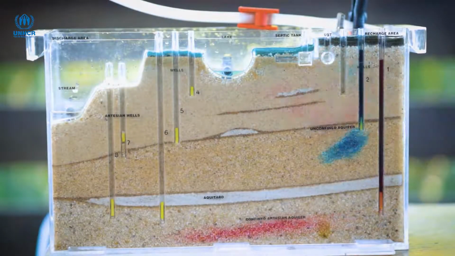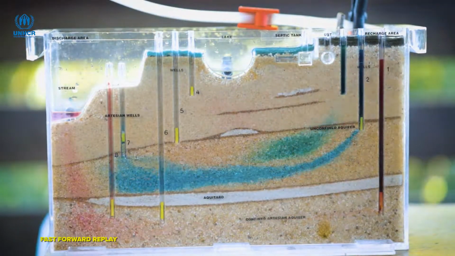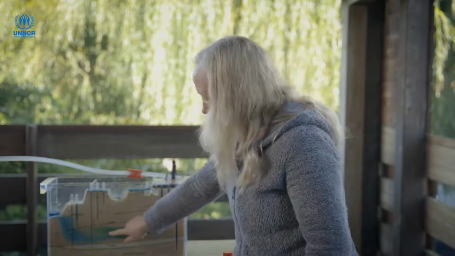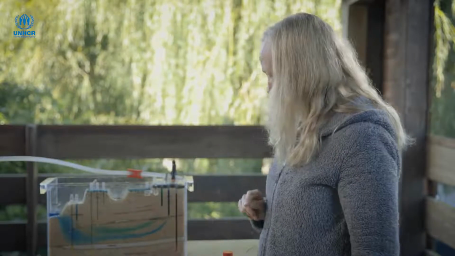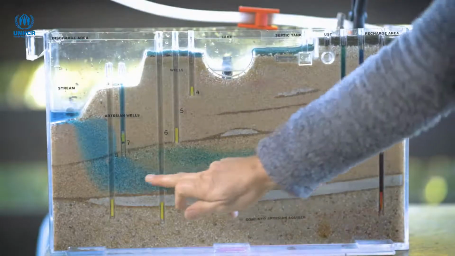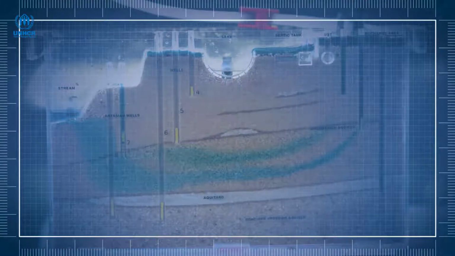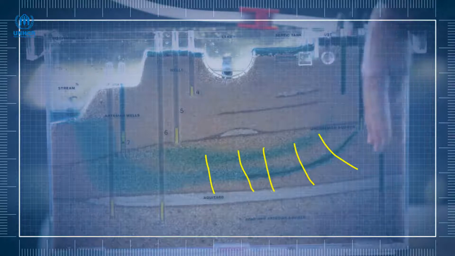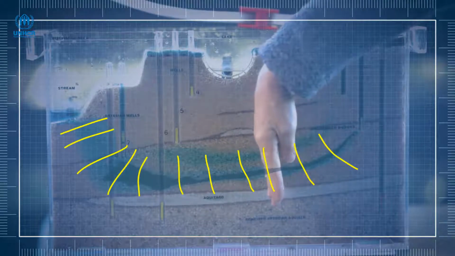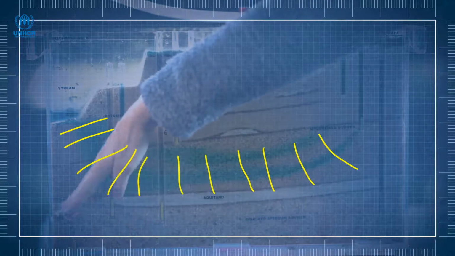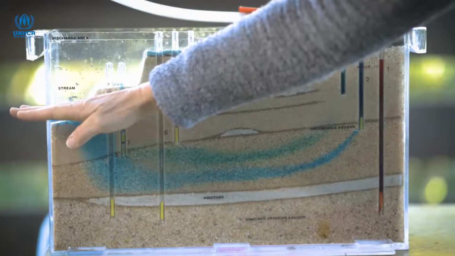So we can see that the pathways going from one point to the other go to different places and they will never cross each other, but they can mix along the boundaries. So this is also what we call dispersion. And again here it is very nice, the movement upwards that one can see. So from the piezometric lines, we would see that the piezometric lines are about vertical in this area here, and then bending upwards in this direction.